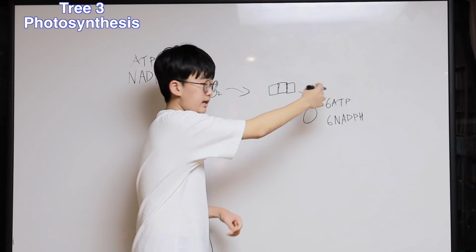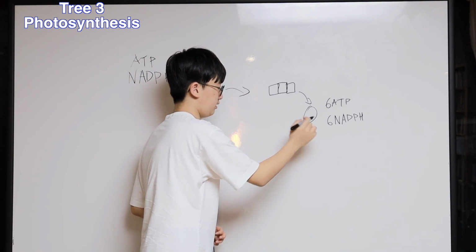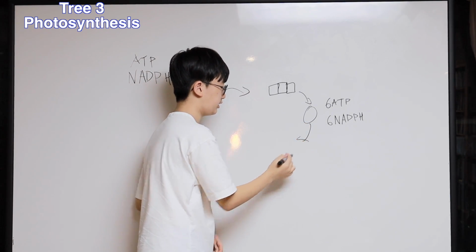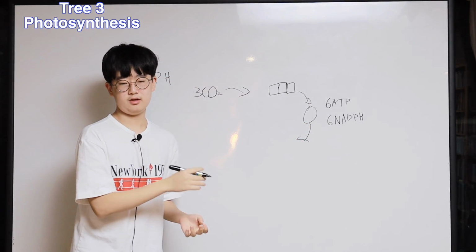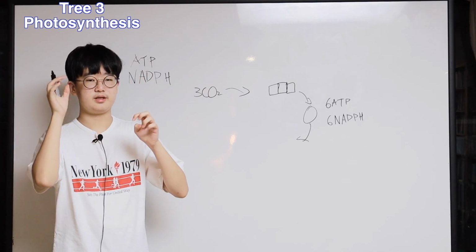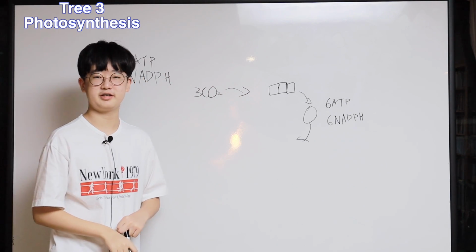And through that, energy is released, and the phosphoglycerates are turned into GAP, or 6 GAP, or 6 glyceraldehyde phosphates. It's a hard thing to say.